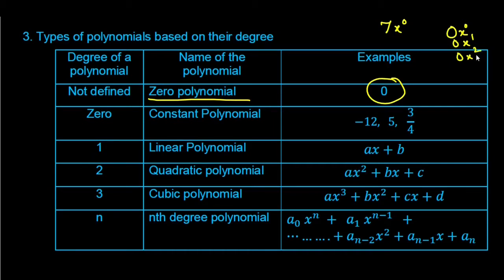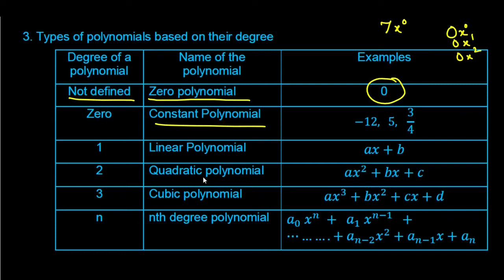We can take any exponent. Whatever may be the variable here, when multiplied by 0, we are going to get 0 as the value. So we cannot define degree of 0. So the degree of 0 polynomial is not defined.